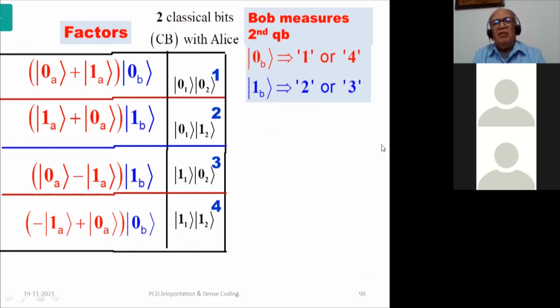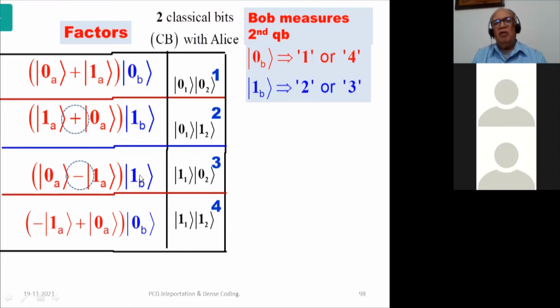However, between 1 and 4, and 2 and 3, there are these phase differences, because if Bob gets 0, he knows that it is either possibility 1 or 4. Likewise, if he gets 1, then he knows that it is either 2 or 3, because in both cases, 2 or 3, Bob has got 1 over here. 1 is with Bob.